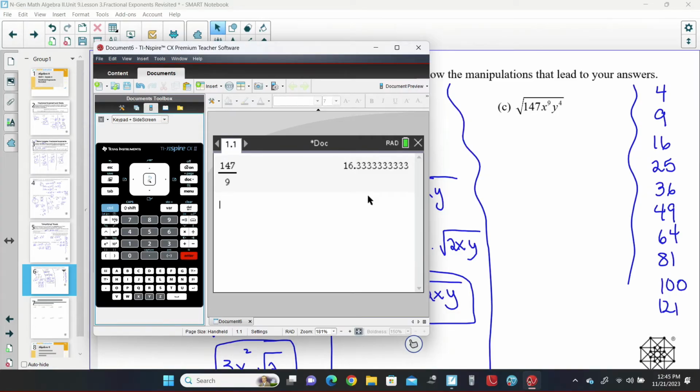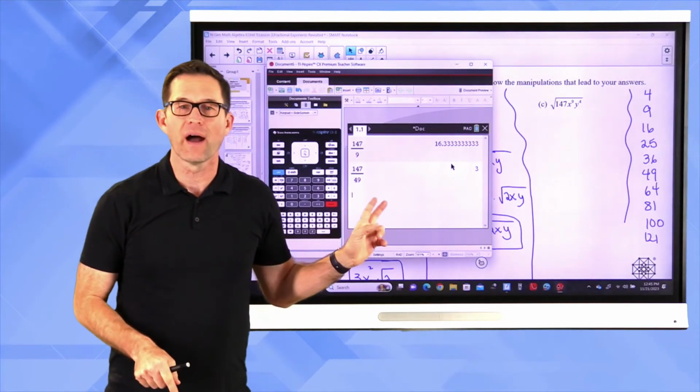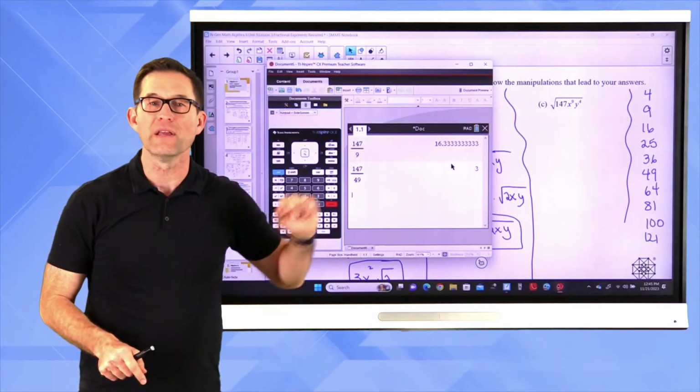So I check it out, and no, 9 doesn't go in there nicely. It's not going to be 25 either, because if it were 25, then it would be like a 145 or 165 or something like that. Let me see about the 49, see what happens there. There it is, right? So 49 divides into 147 3 times.